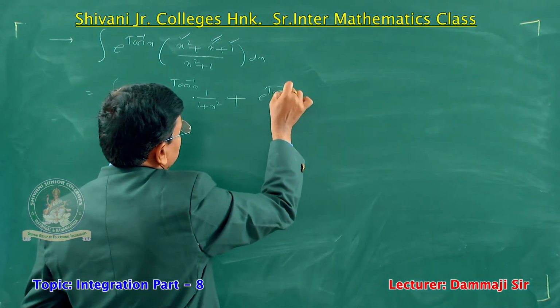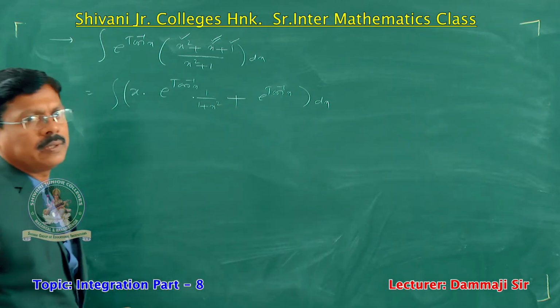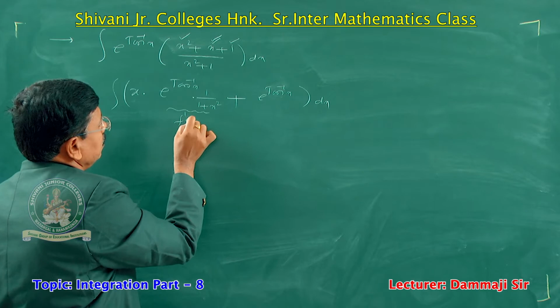So e power tan inverse x. Now we can observe that the total is f dash of x.